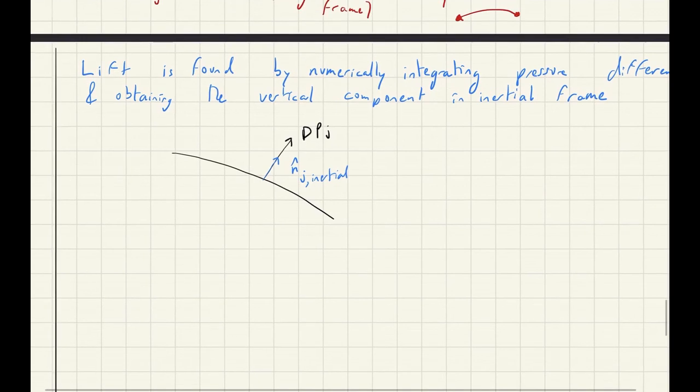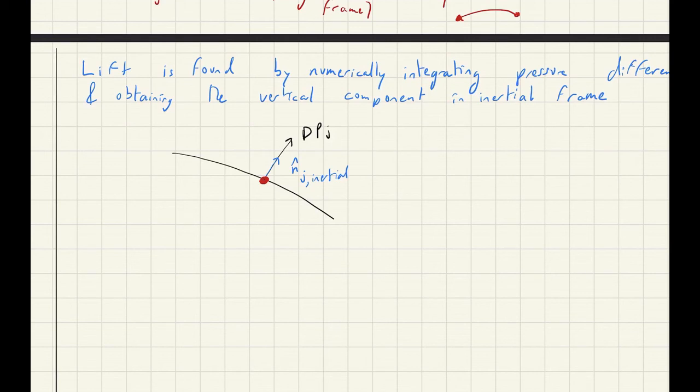So to show an illustration, we have this diagram here, and let's say this is some panel, right? And this is vortex J, right here, and we have found delta Pj, the differential in pressure, and by definition, pressure acts normal to the surface.